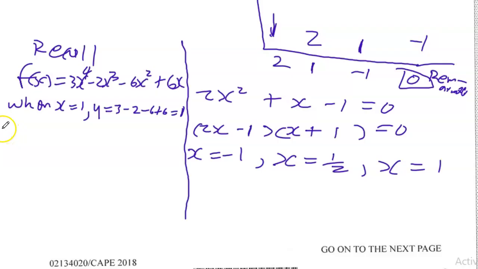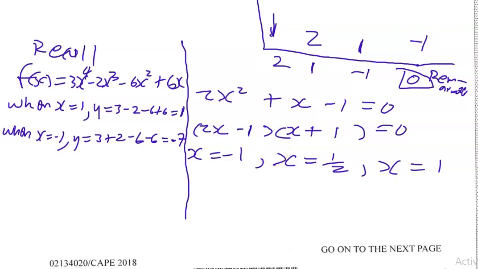When x equals minus 1, y is equal to 3 plus 2, because remember, minus 1 cubed is minus 1, and minus 1 times minus 2 is positive 2. Minus 6, and x is minus 1, minus 6 again. So this will be 5 minus 12. That's minus 7.